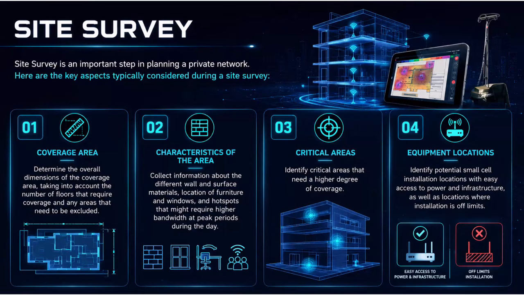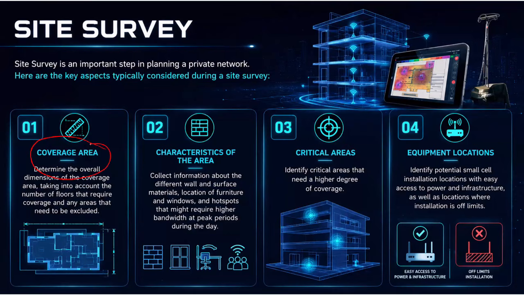So the first thing we need to understand is the coverage area. Here we have to check various things, like how large the building is. Is the coverage area 500,000 square feet, 1 million square feet, these kinds of things? How many floors do we have to cover? Do we need coverage everywhere or only in specific areas?